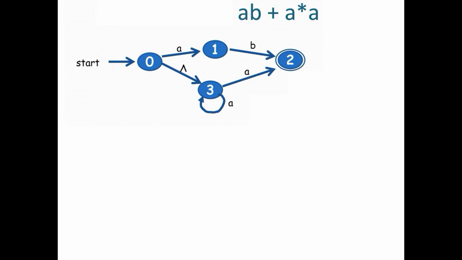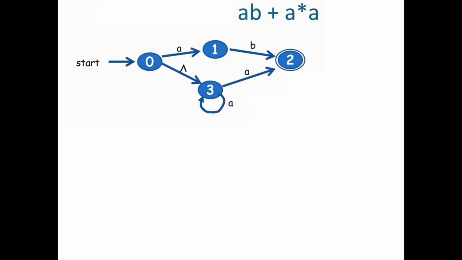So here's an NFA we've seen before. It's an NFA that accepts the language AB plus A star A. We've seen other NFAs that also accept this language, but this one is a good example to work with. Remember that this language is a set of strings, because all languages are sets of strings.